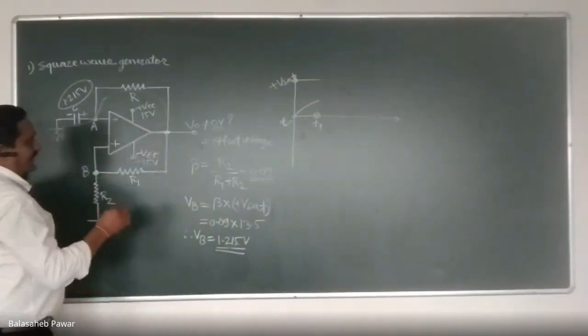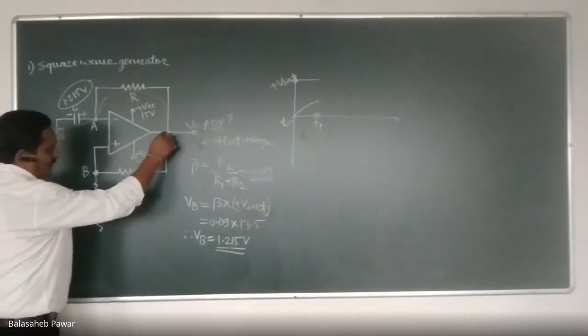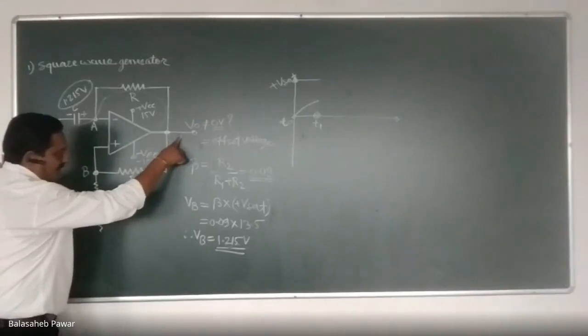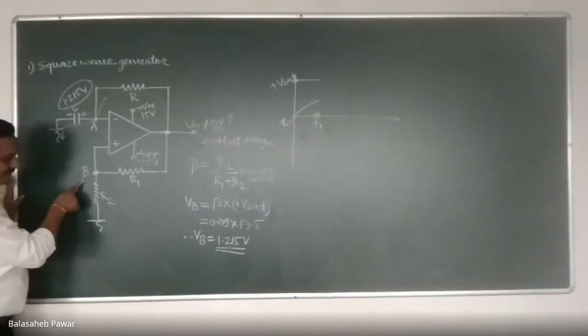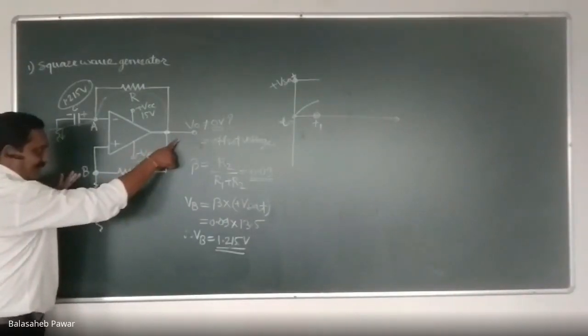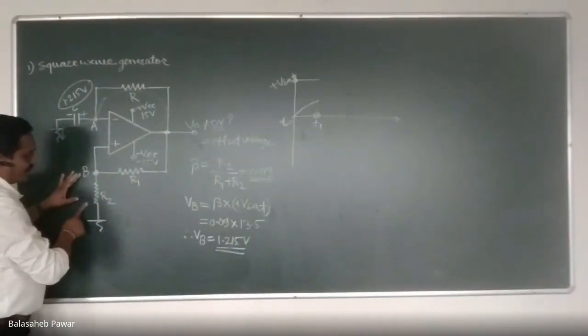Now, when at t equals T1 the output of the op-amp becomes 0 volts, how much will be the node voltage B? It equals output times R2 divided by R1 plus R2, which is 0. Correct now?